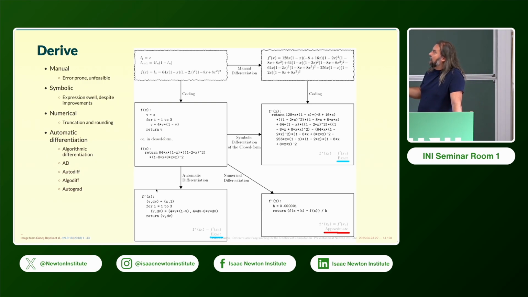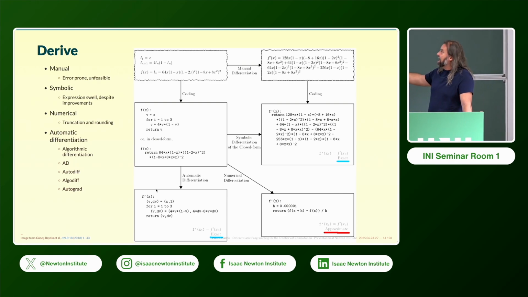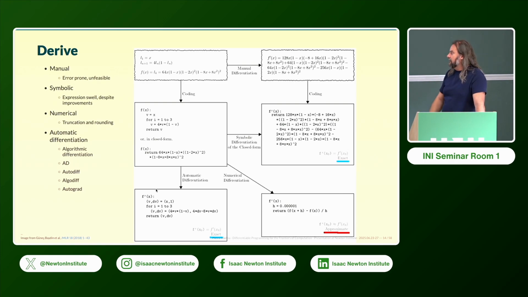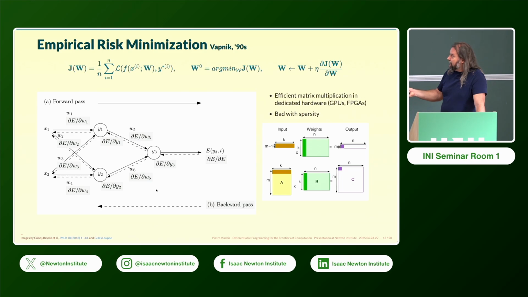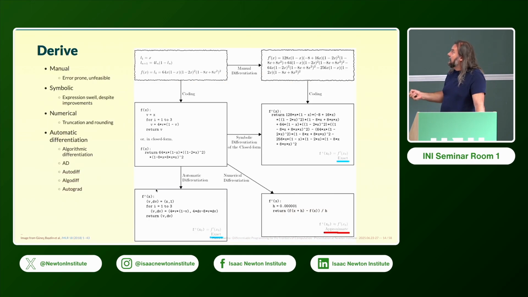Or you use symbolic differentiation like Mathematica, but this results in large expressions, typically, even if things improved in recent software. And when you have to do that in a chain, using the chain rule in sequence, this becomes too taxing to compute. Numerical differentiation has a lot of issues, as you know: basically truncation and rounding errors, if you want precise derivatives.